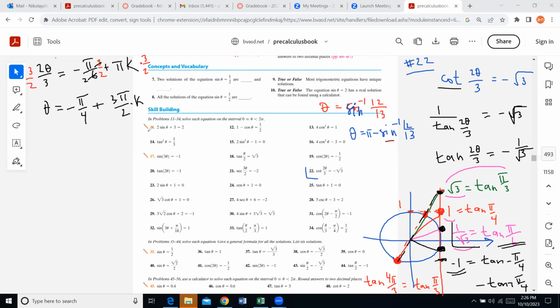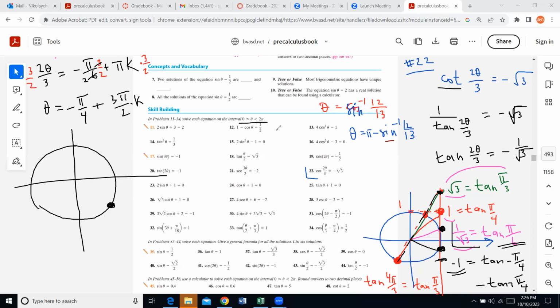Point of story is how to visualize it. And once again, put them on a circle. So I put point pi over 4 with a negative sign. I know I need to make it be positive to be from 0 to 2 pi, somewhere here. We'll do that. I can actually do it right away.